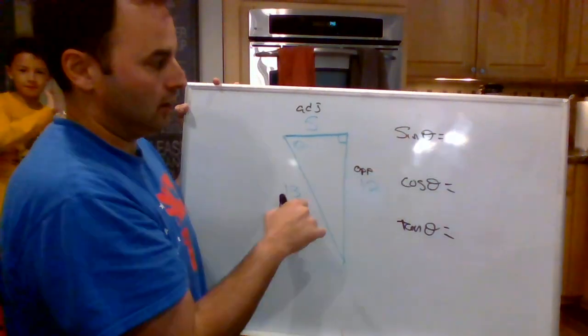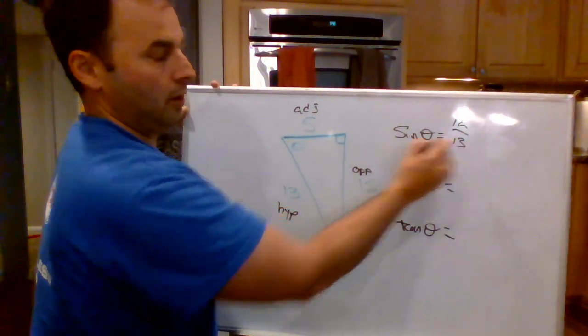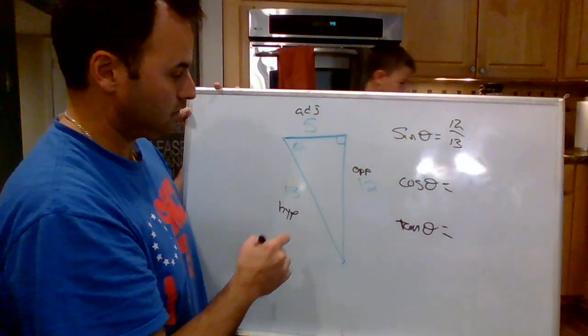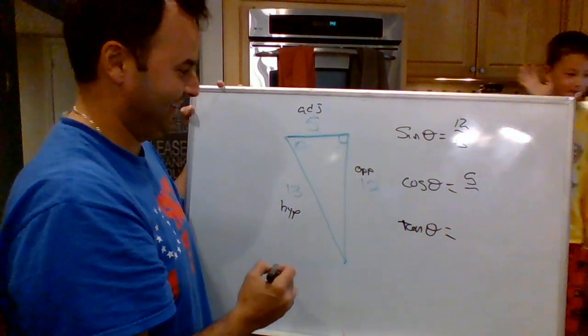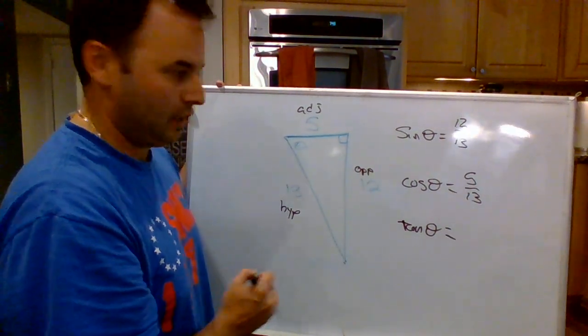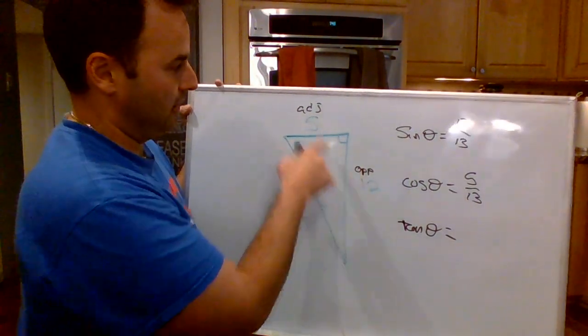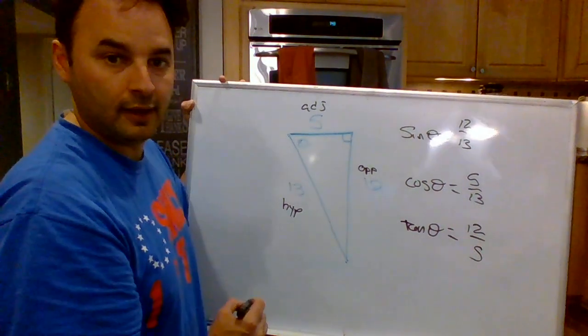So the sine of theta will be the opposite 12 over the hypotenuse 13. The cosine of theta is the adjacent 5 over the hypotenuse 13. And the tangent of theta is the opposite over the adjacent, 12 over 5.